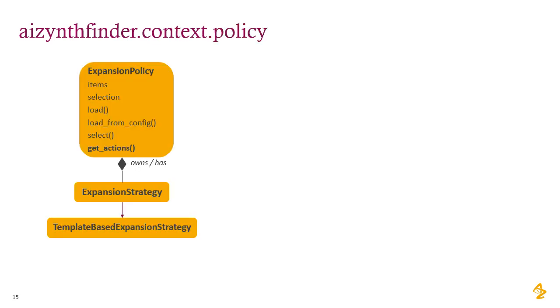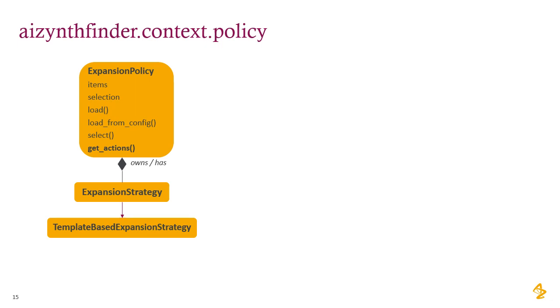So let's start with the policy package. Many of the classes in the context subpackages are container data structures, and the expansion policy class shown here is no different. It holds a number of items and capabilities to select one or more of those items.